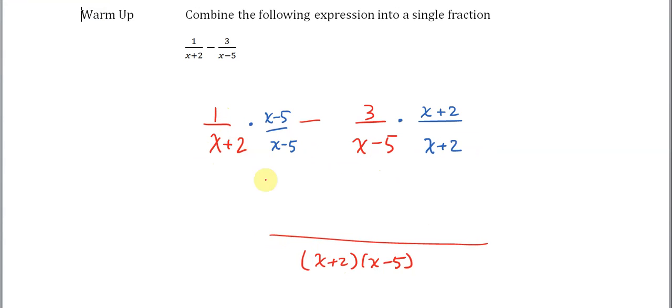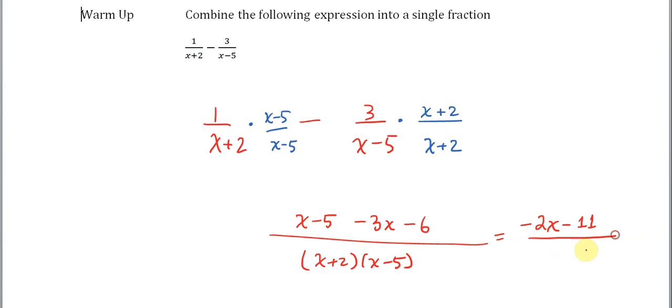And in our numerator, we are going to get 1 times x minus 5, and then negative 3 times x, negative 3 times positive 2. And then we can simplify this down a little bit further. In the numerator, we are going to have negative 2x minus 11.